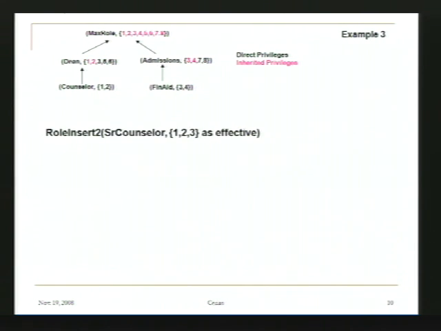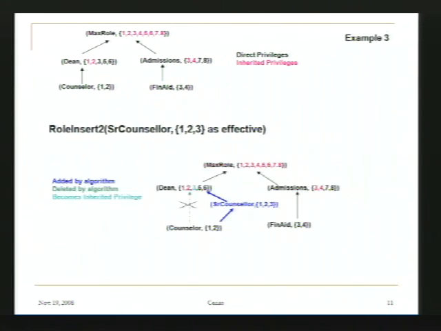Okay. An example of the second role insertion algorithm. You just give the effective permissions, and the algorithm figures out where it goes in the graph. This is the one actually that people prefer to use because it's a little less work.